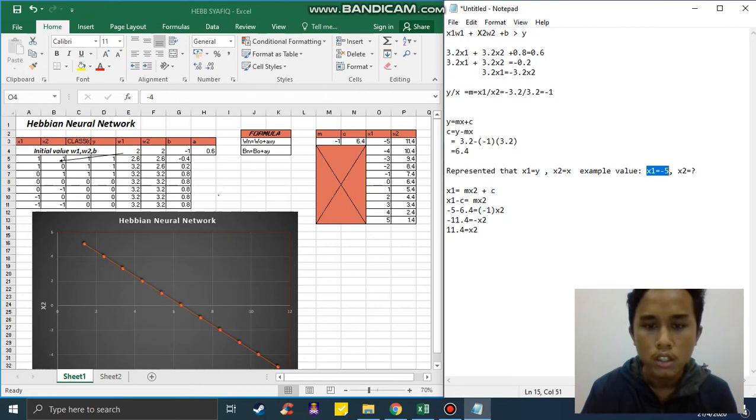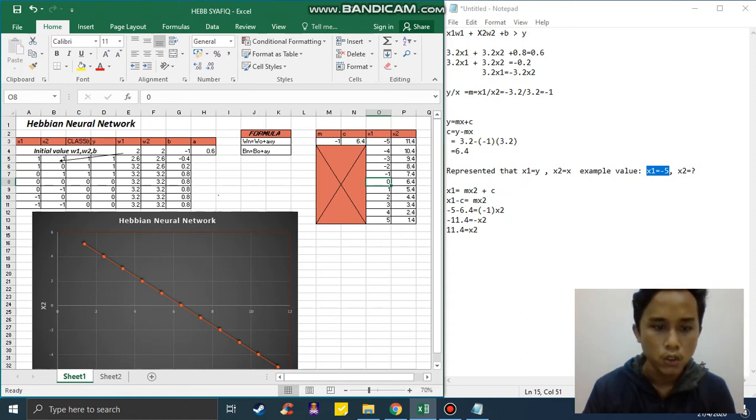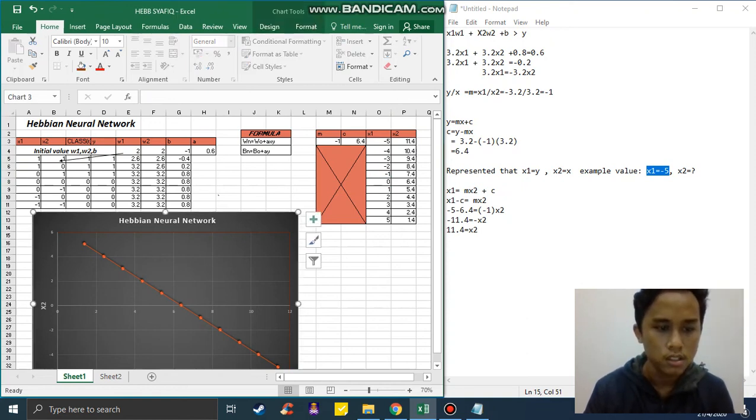The value must follow the gradient because the gradient is -1, so the value must go downward with a step of -1: -4, -3, -2, -1, 0, and so on. Then we present the graph by x1 and x2.